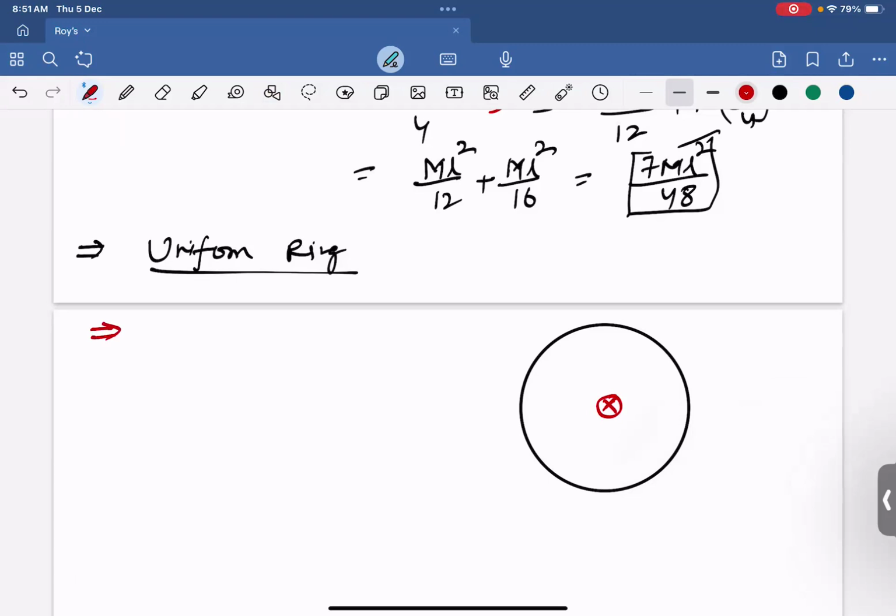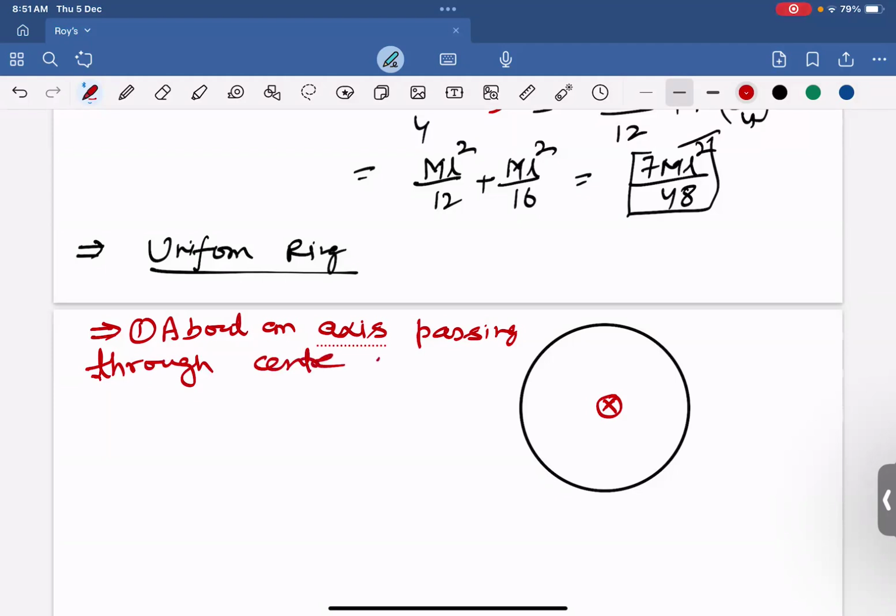So first I am taking an axis passing through the center of the ring and perpendicular to its plane.